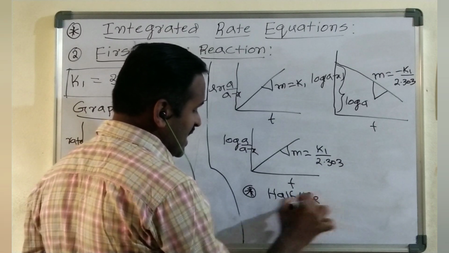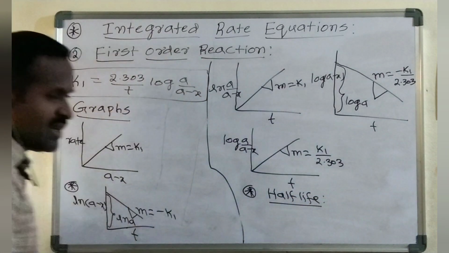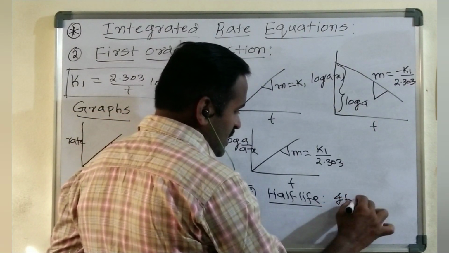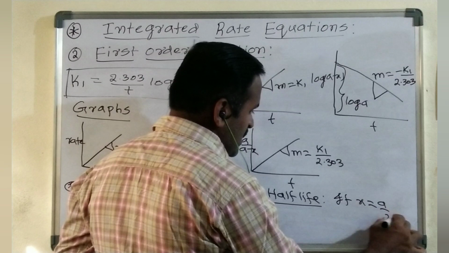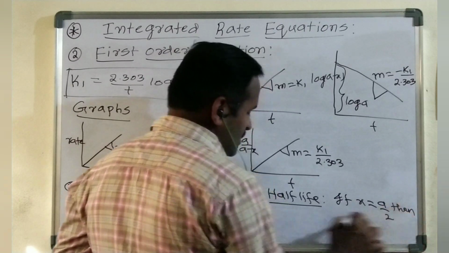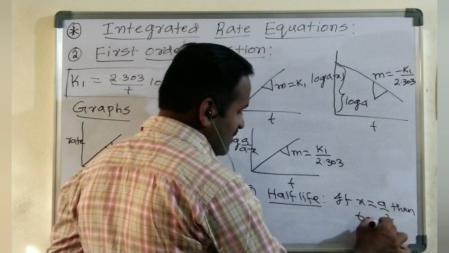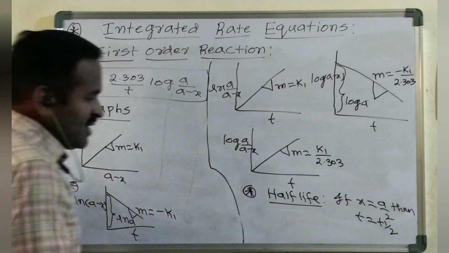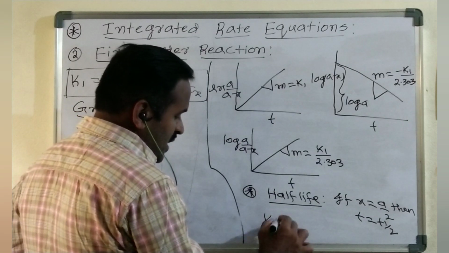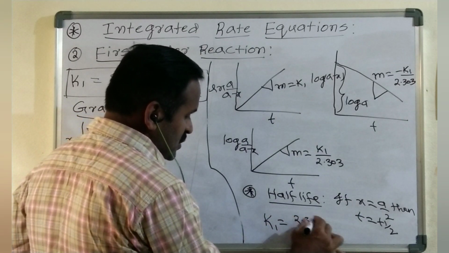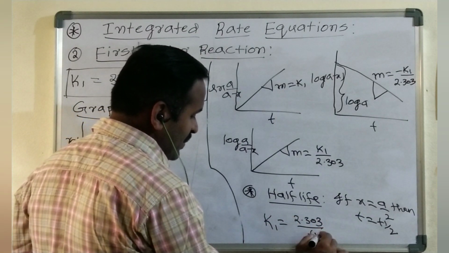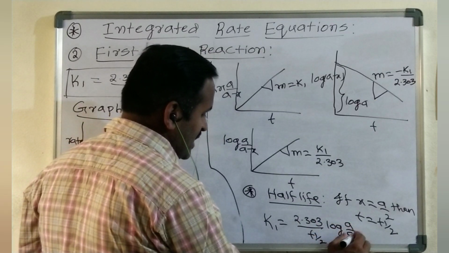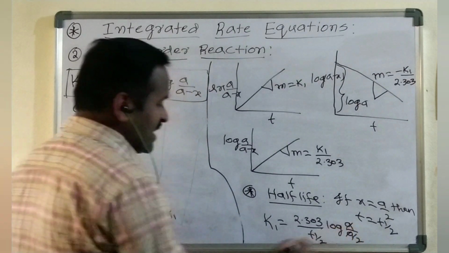And the other one is half-life. Half-life is nothing but the time required to complete 50% of the reaction. So if x is equal to a by 2, then t becomes t half. You can substitute this in the rate constant equation: K1 is equal to 2.303 divided by t half, log a by a by 2, so this a will get cancelled off.